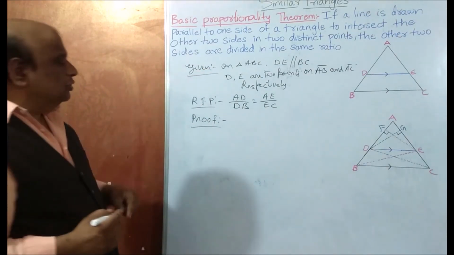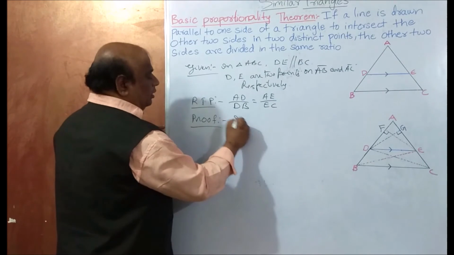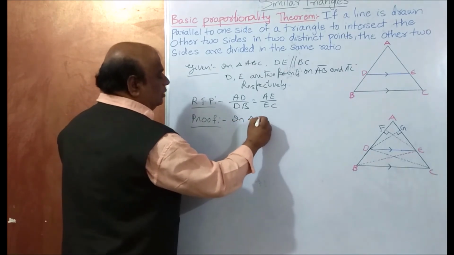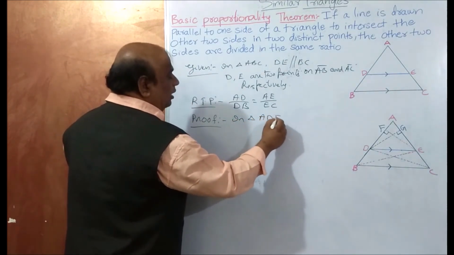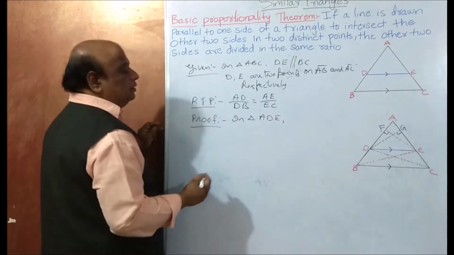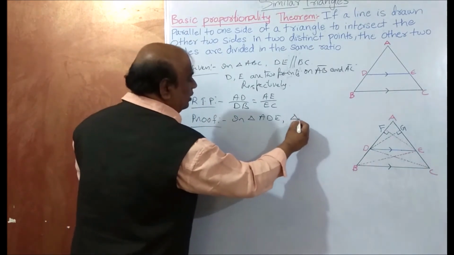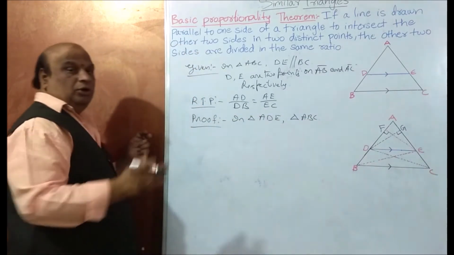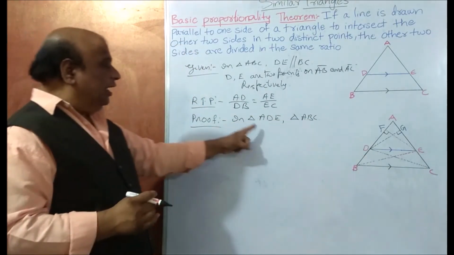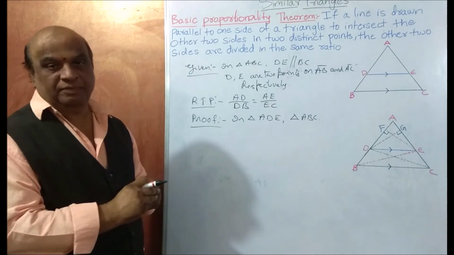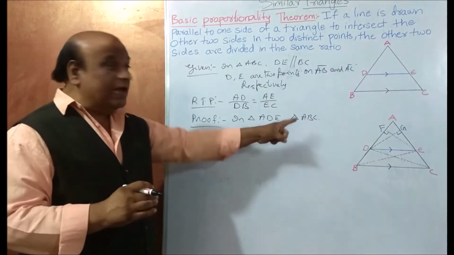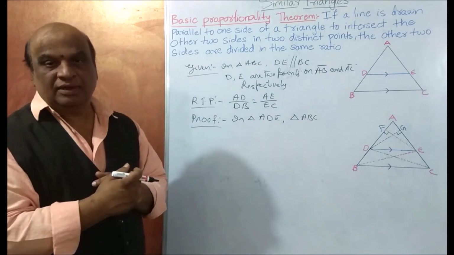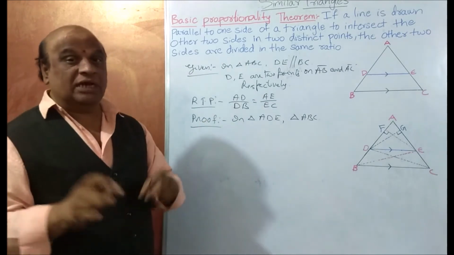Here you separate two triangles. In triangle ADE and triangle ABC, you divide two triangles, ADE and ABC. We have to prove these two triangles are similar.